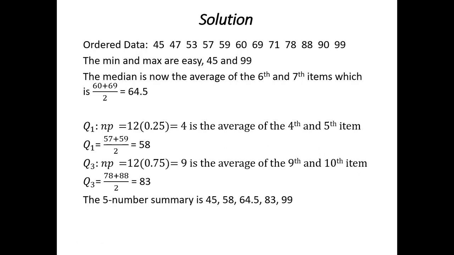So 78 is the 9th, 88 is the 10th. We average these, we get 83. So that's my third quartile. So now we could say that the 5-number summary is 45, 58, 64.5, 83, and 99.